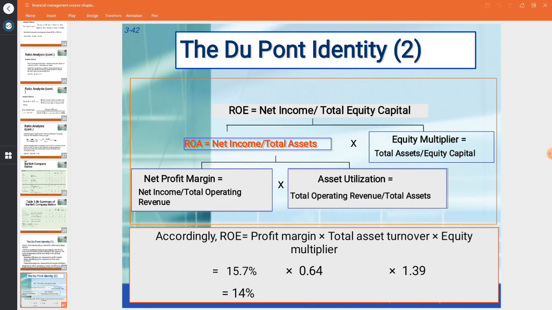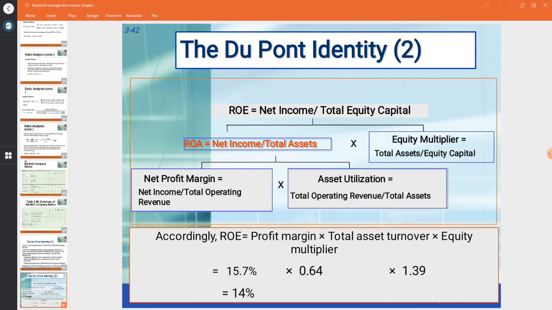Equity multiplier is equal to total assets divided by equity. Then the ROA, return on assets, will be further split into two subsections. The first one is the net profit margin, which is net income divided by total operating revenue. This is the net profit margin.